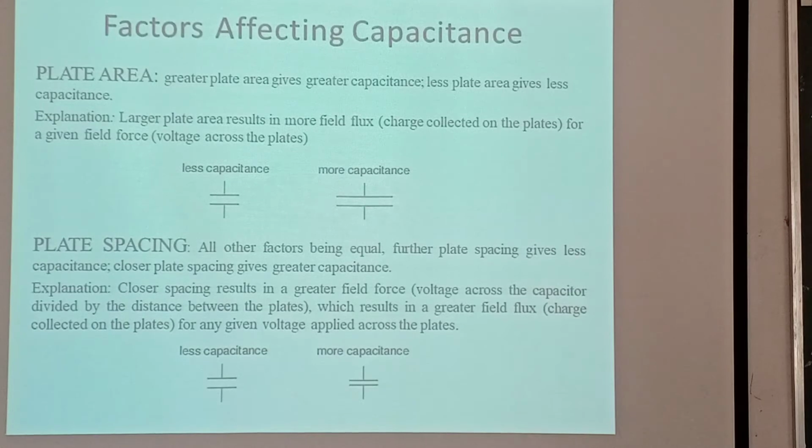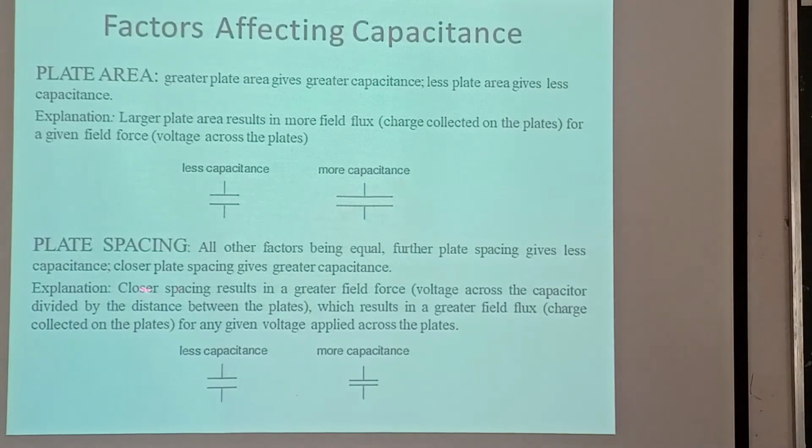Another factor affecting the capacitance is plate area. The greater the plate area, the greater the capacitance, and the less the plate area, the less the capacitance. Why does this happen? Larger plate area results in more electric flux, so it gives larger capacitance.